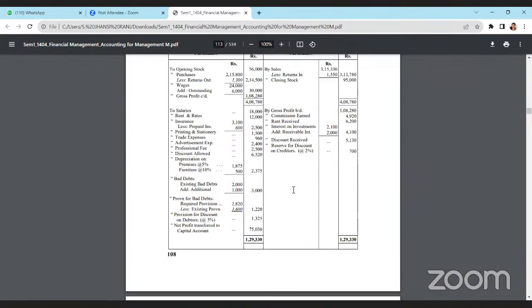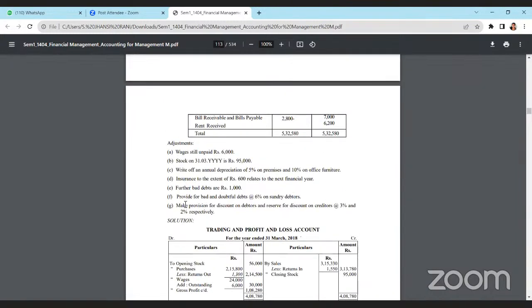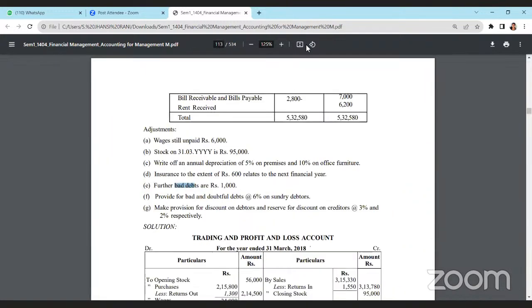So here, whenever provision for bad and doubtful debts is given, and bad debts is also given, there is some sequence. Bad debts, provision for bad and doubtful debts on sundry debtors, and discount on debtors, these three are related to debtors only.